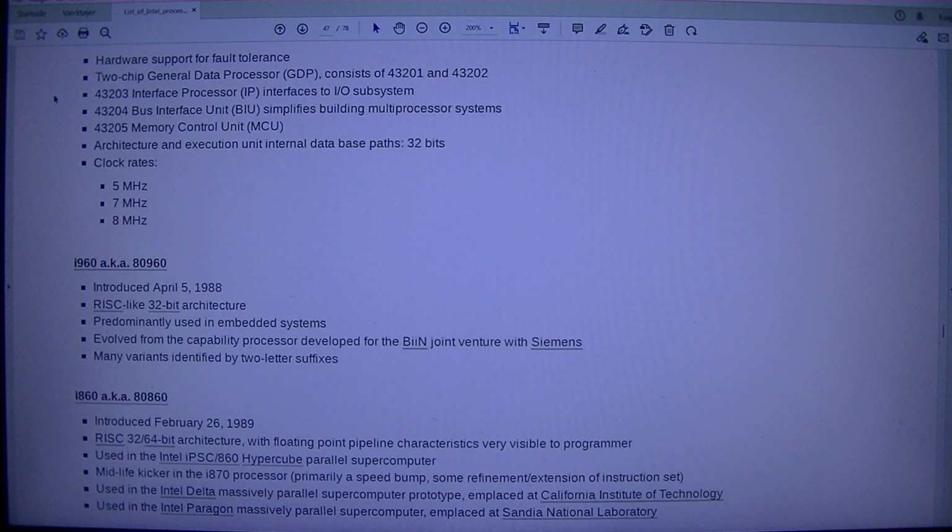2-chip general data processor, GDP, consists of 43201 and 43202. 43203 interface processor, IP, interfaces to I/O subsystem. 43204 bus interface unit, BIU, simplifies building multiprocessor systems. 43205 memory control unit, MCU.